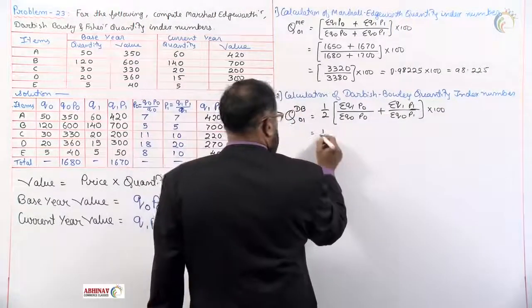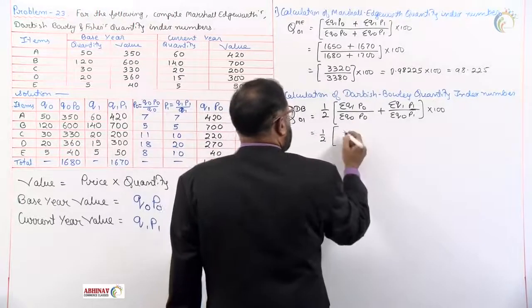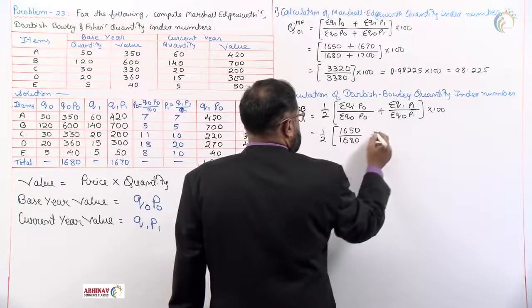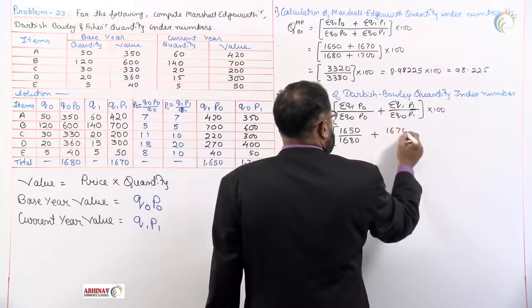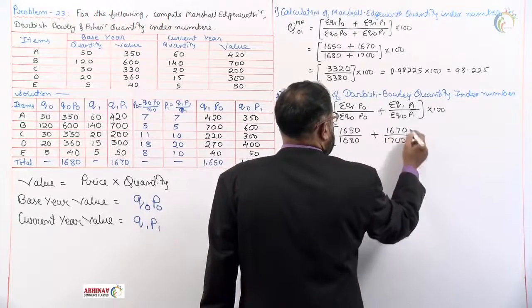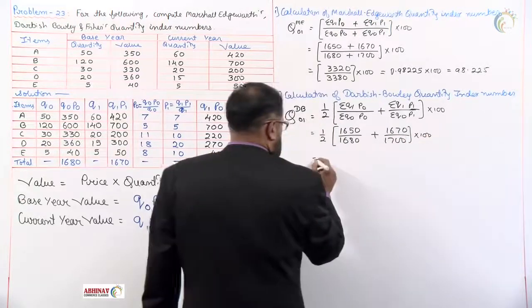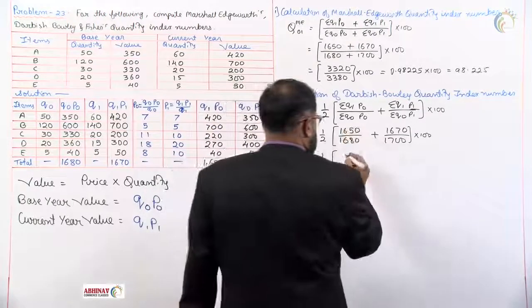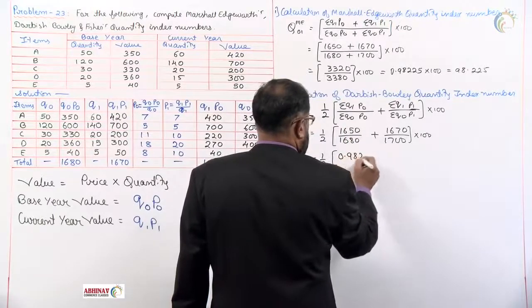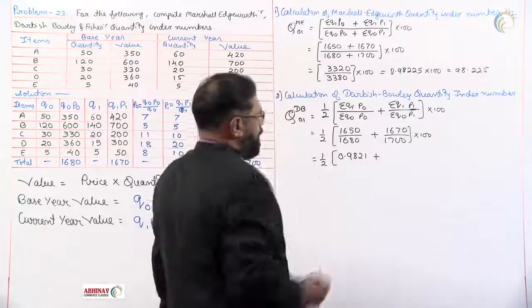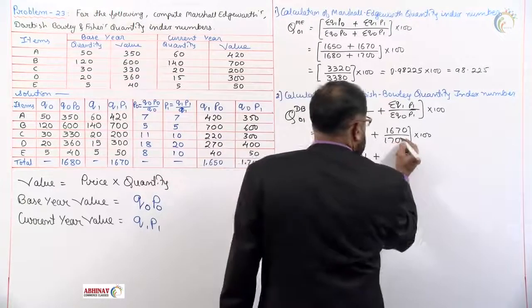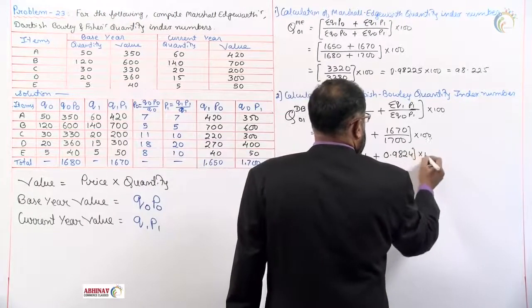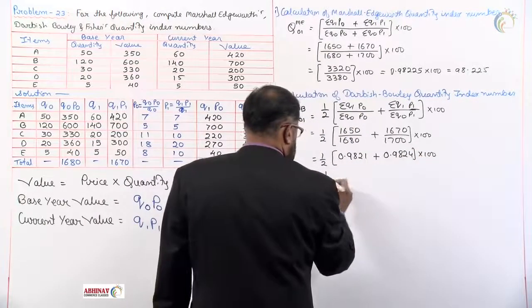We'll substitute and get the answers. So that's equal to half of Q1 P0 1650, Q0 P0 1680, Q1 P1 1670 divided by 1700, into 100. Now we'll divide this. The division of this comes to 0.9821, plus 1670 divided by 1700, 0.9824, into 100 is equal to half of.